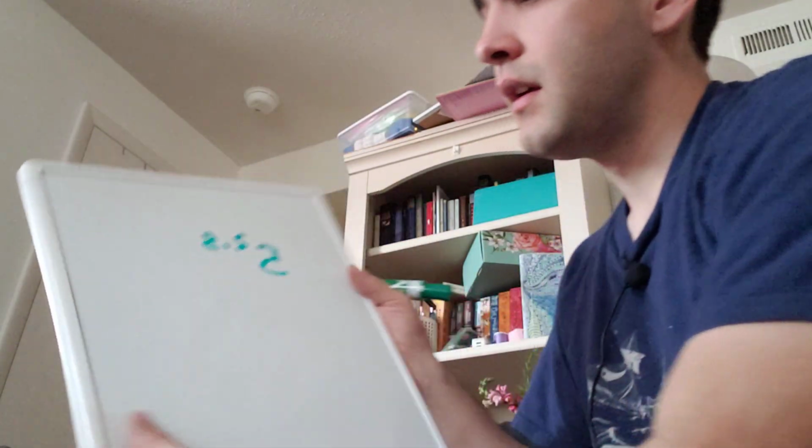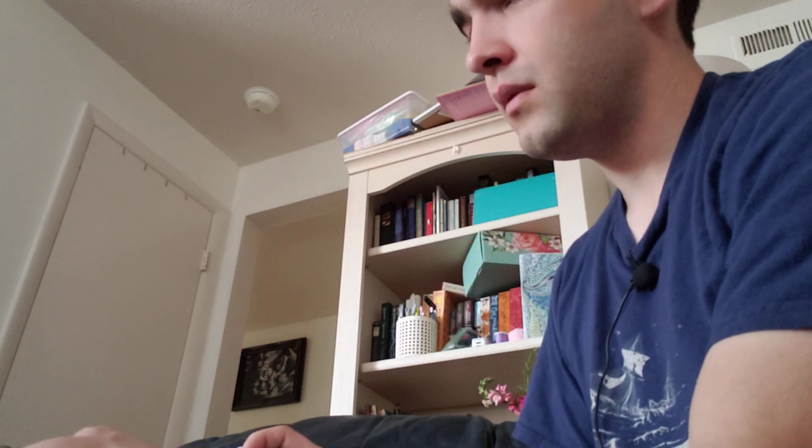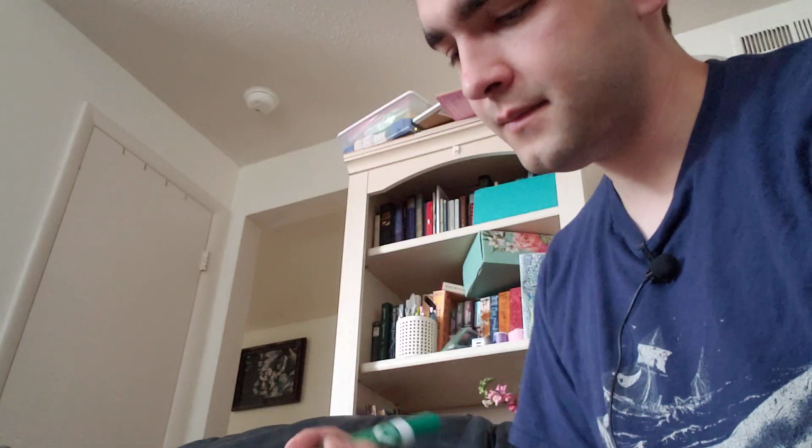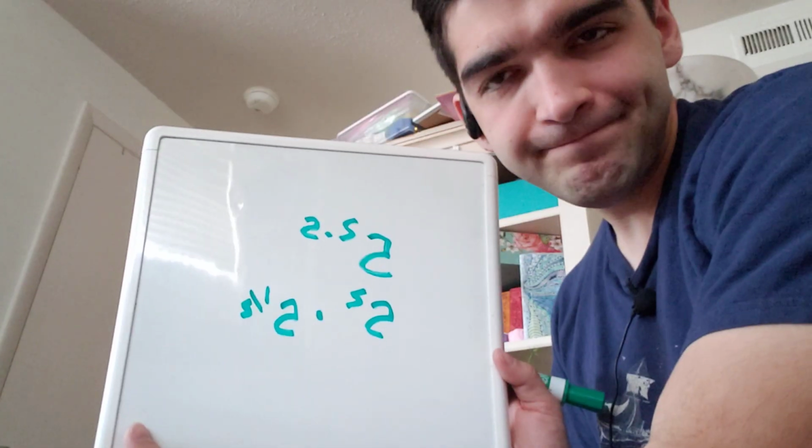Well, remember, adding in the top of an exponent is the same as multiplying outside of the exponent. So this is really 5 to the 2 times 5 to the 1/2, like that.